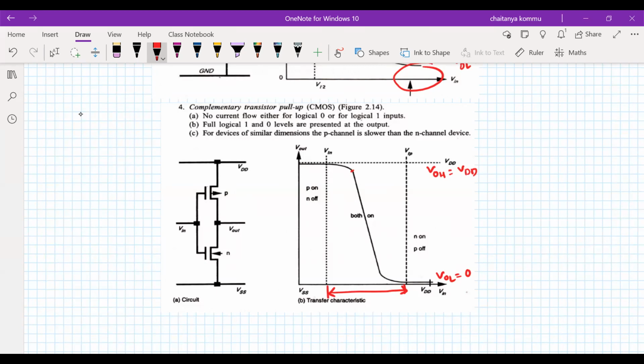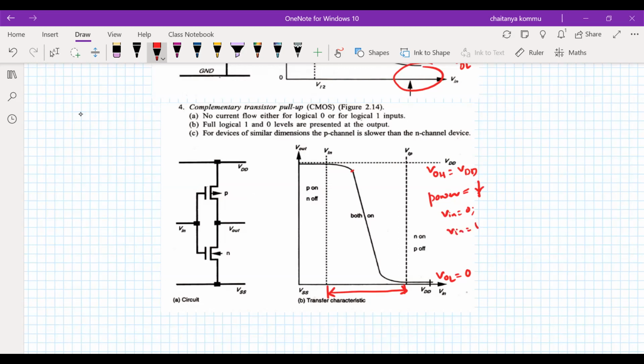So the static power consumption is less, except at the middle point; all the other time it is under static conditions. So under static conditions when Vn is equal to 0, you can see that only one transistor is on. Therefore, there is no static short circuit current.